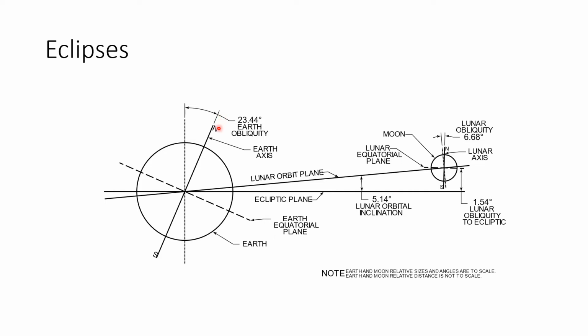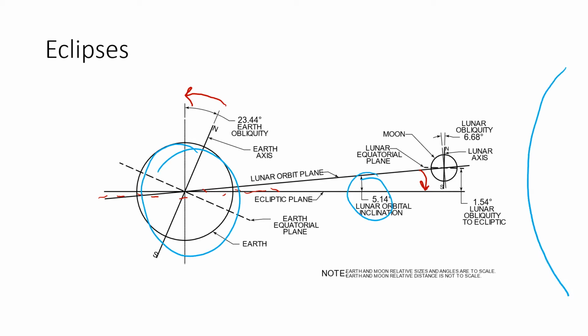If I'm going to switch to a pen here. If this was not inclined, then the equator would be along the ecliptic plane, and we would have a situation where here's the Earth, here's the moon, and here's the sun. And we would always have an eclipse in this scenario every 2 weeks.